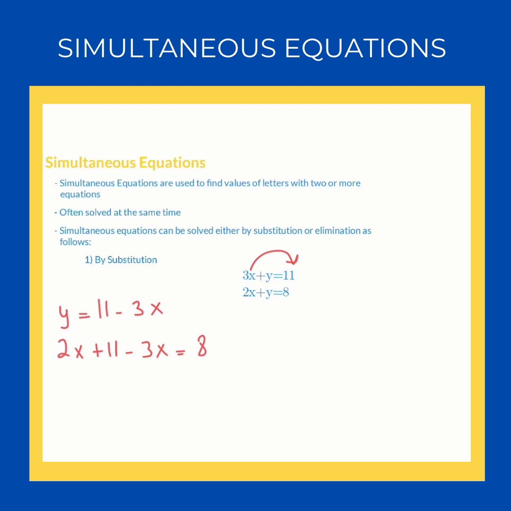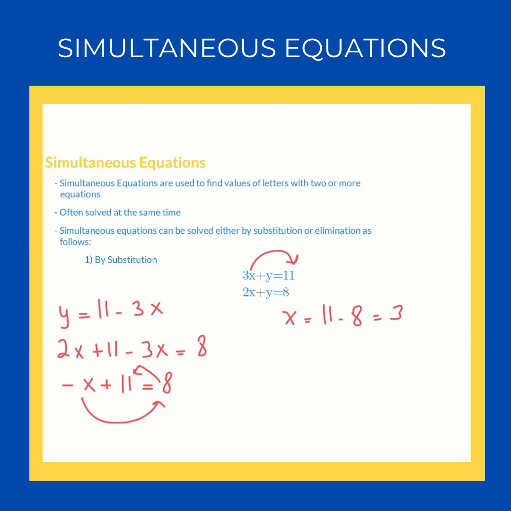So 2x minus 3x is minus x plus 11 equals 8. So I'm going to move negative x to the right hand side of the equation and 8 to the left hand side of the equation. So x becomes 11 minus 8, which is equal to 3.